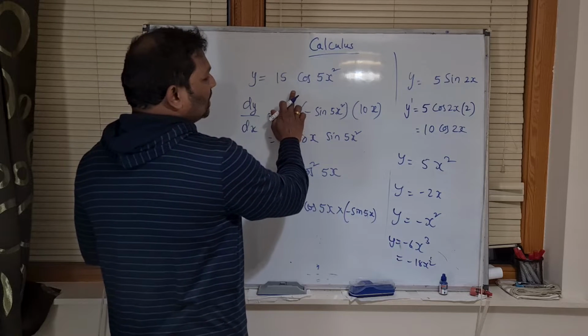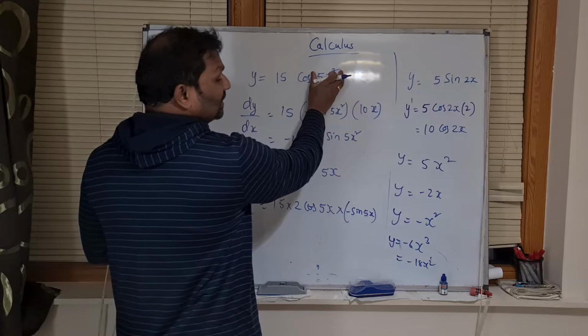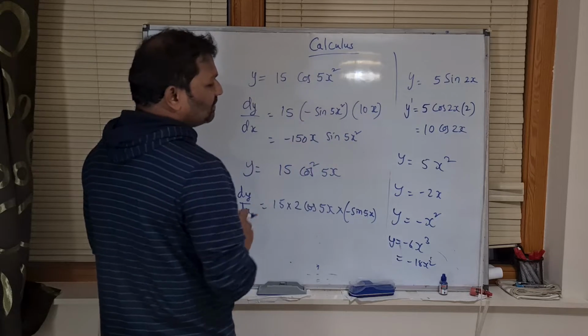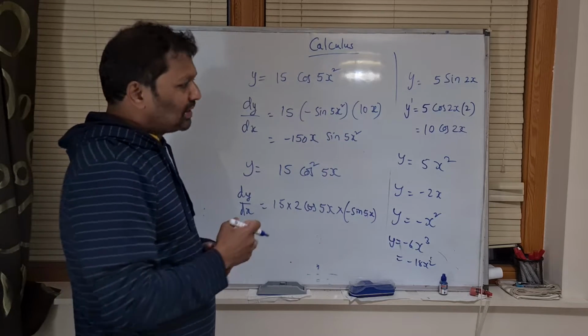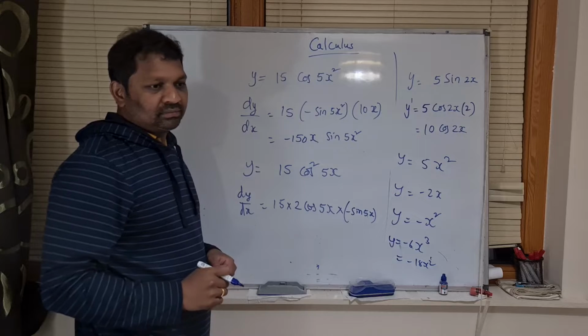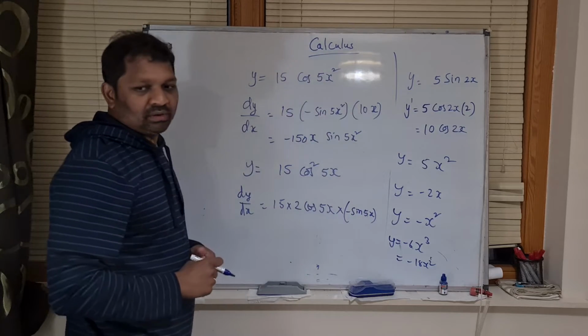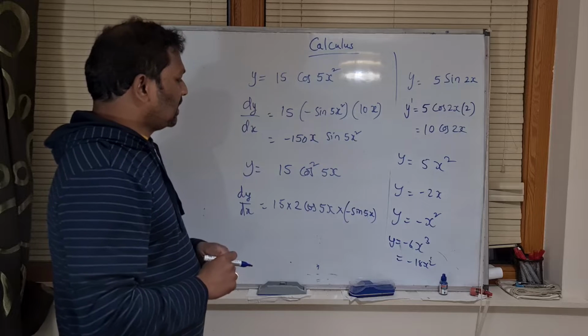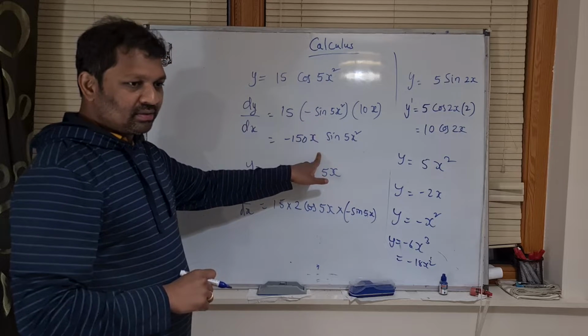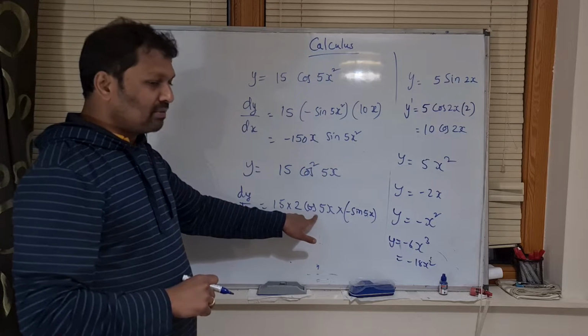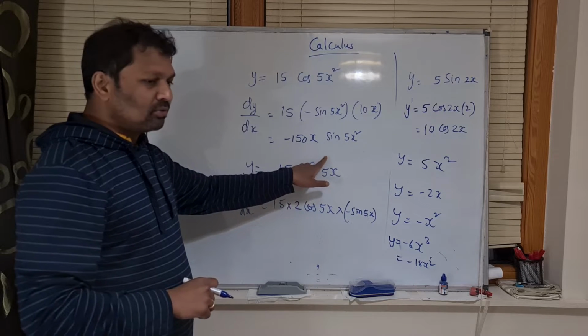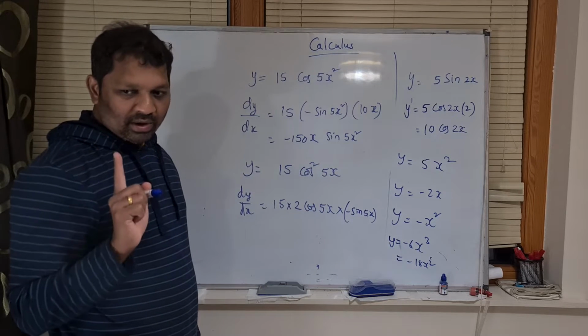You understand? Cos of some angle, for which the differentiation is minus sine of that angle. And then this part you differentiated, which gave 10x. Here the rule is x to the power of n, so n times x to the power of n minus 1. N minus 1, 2 minus 1, which is 1.